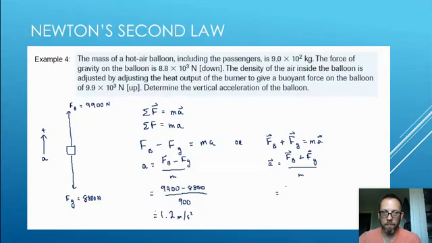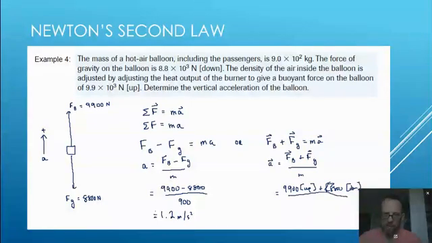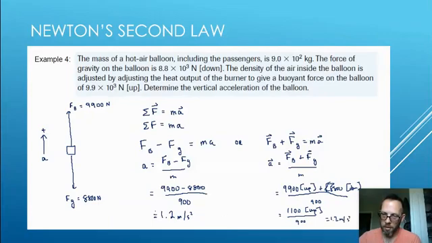So you might be saying 9,900 up plus 8,800 down, all divided by 900. And you can see we get the same solution because that's negative 8,800 up. And so you get 1,100 up divided by 900. And you get the same answer. You get 1.2 meters per second squared, and it would be up.